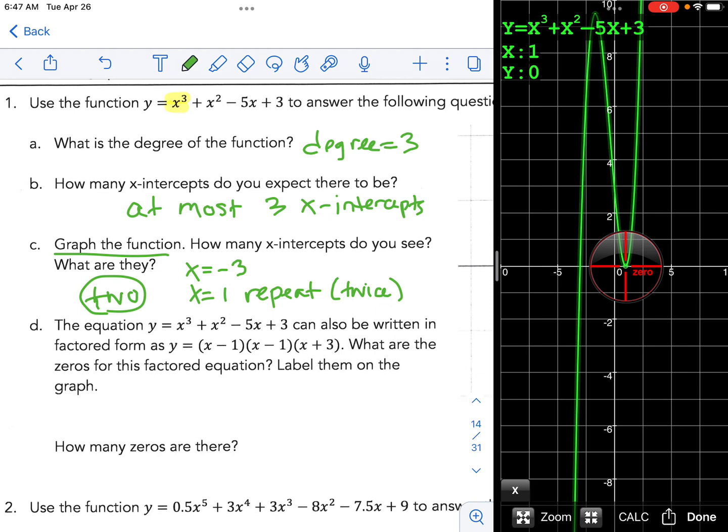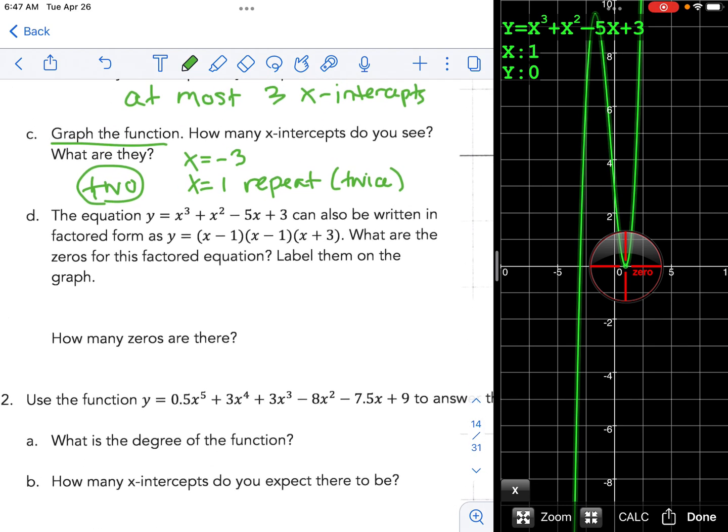Okay, so now we go on to part D here. It says the equation above can also be written in factored form. So this gets us a lot of really good stuff here because we have the factored form. And now we can see the repeated roots by seeing the repeated factors.